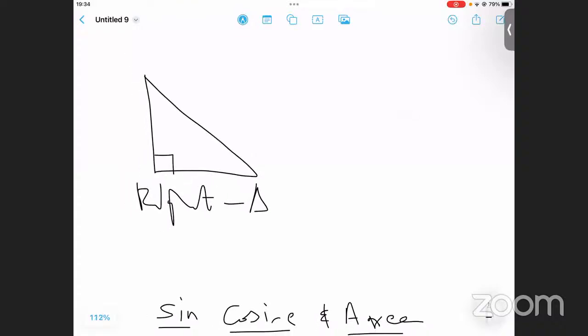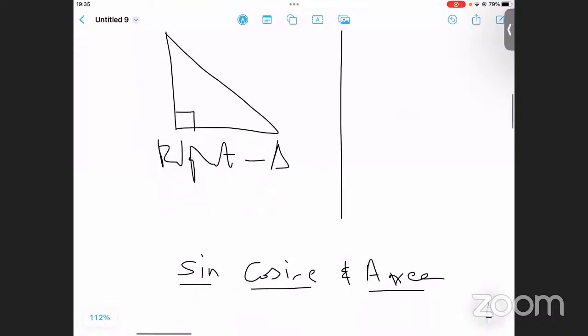So when it comes to this type of triangle, you can use the following to answer questions related to it: the cos ratio being adjacent over hypotenuse, the sine ratio being the opposite over hypotenuse, the tan ratio, and then you can also use the theorem of Pythagoras.